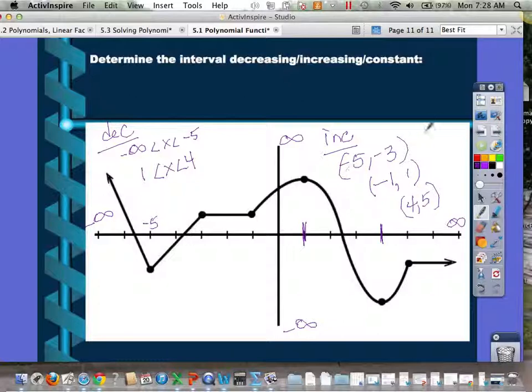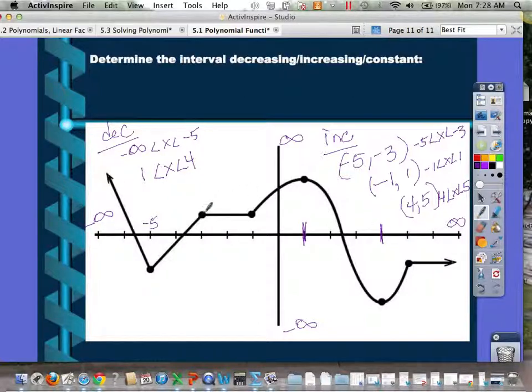Okay, so you can see it written this way or this way. You would write these as negative 5 < x < negative 3, negative 1 < x < 1, and 4 < x < 5.